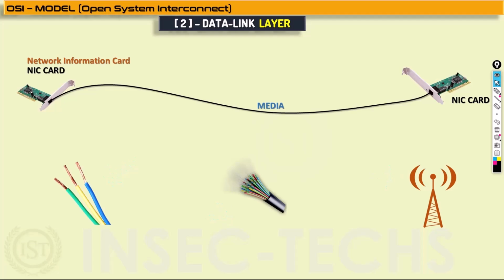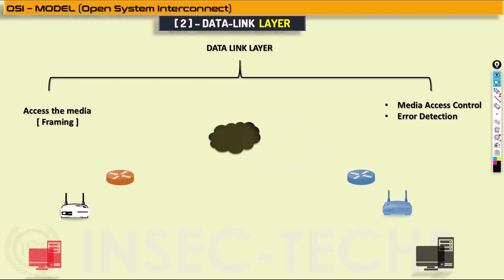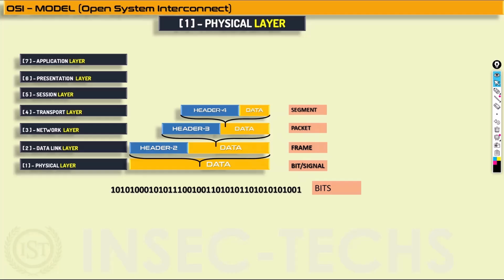The function of the data link layer is to access data from the upper layers by a method called framing, and also controls how data is placed on the media or received from the media, and it is done by media access control. And the final layer of the OSI model, from the sender's perspective, is the physical layer.